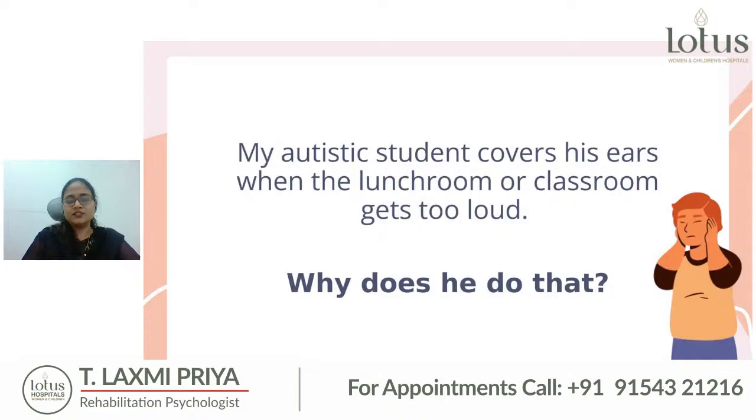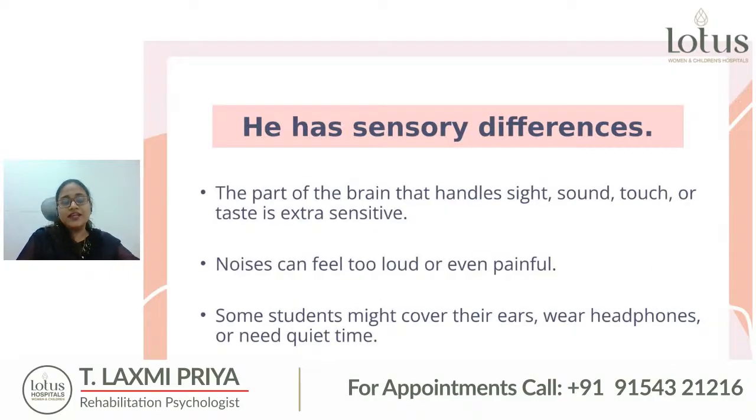Some children with autism repeat what they hear instead of answering. They repeat the question. Why does it happen? Maybe because of echolalia. It doesn't mean they are just repeating; it's their way of learning.